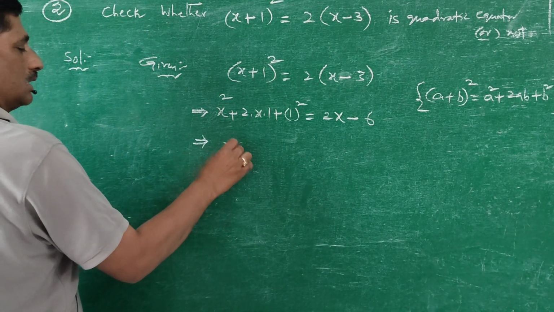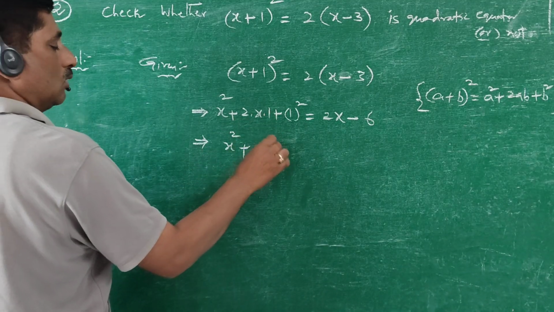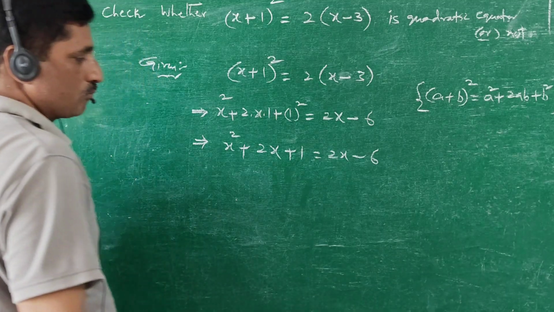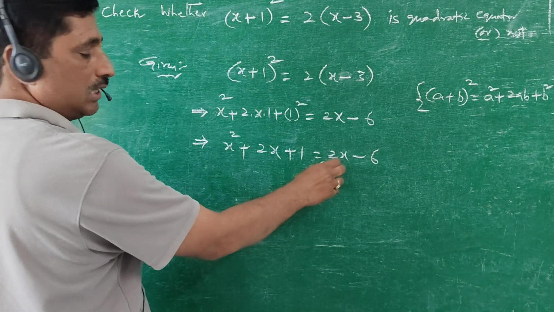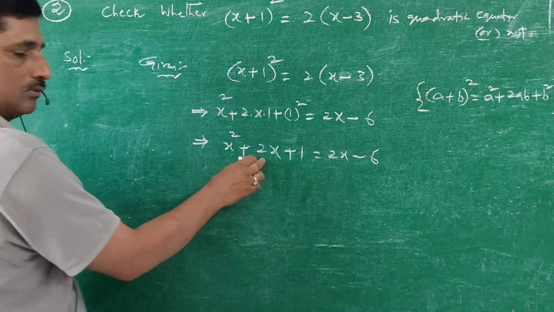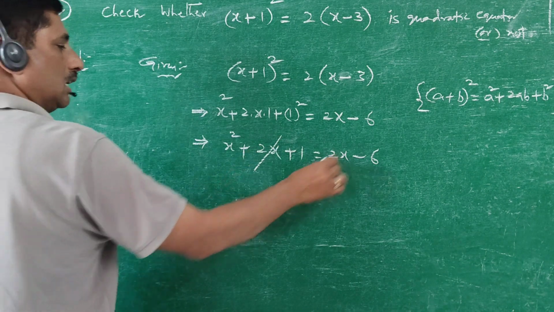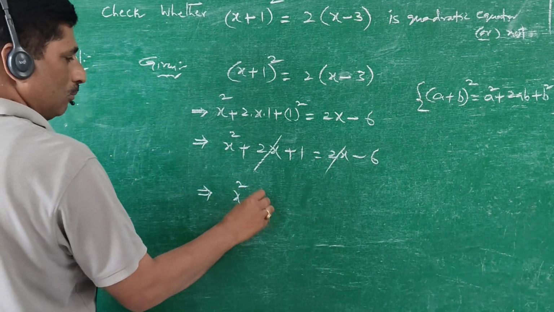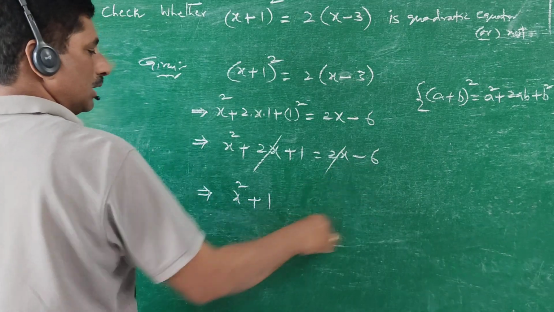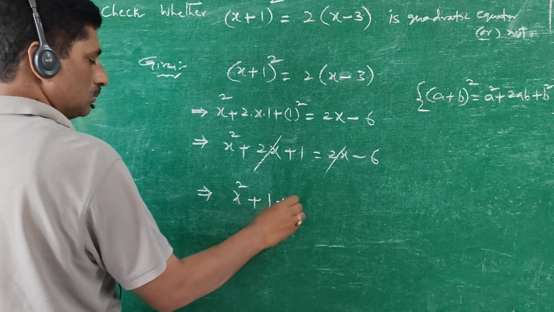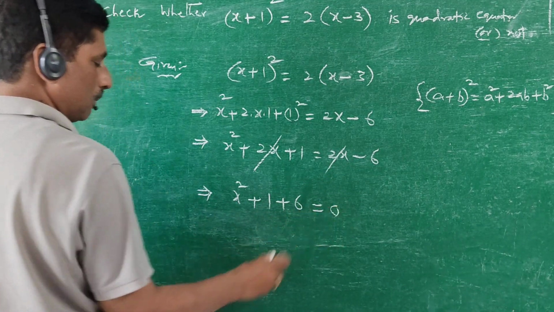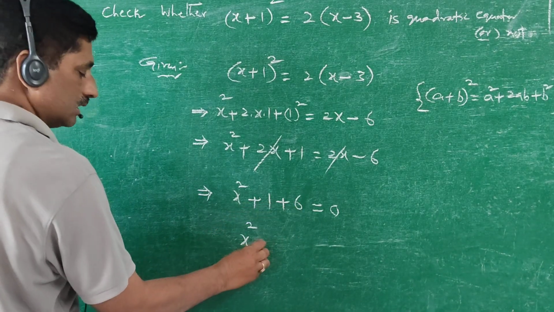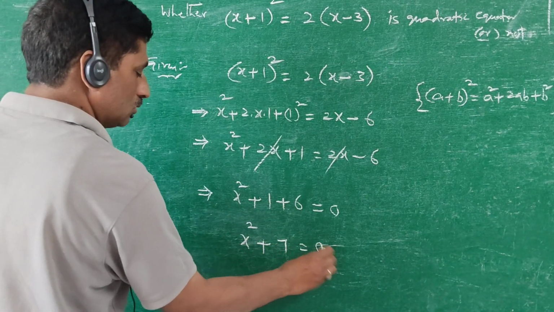Then finally we get x square plus 2x plus 1 equals 2x minus 6. Now the 2x on the right side is a positive value, and the left side also has 2x, so this 2x and 2x get cancelled. Then we get x square plus 1, and this minus 6 transposed to the left side becomes plus 6, equals 0. So x square plus 7 equals 0.